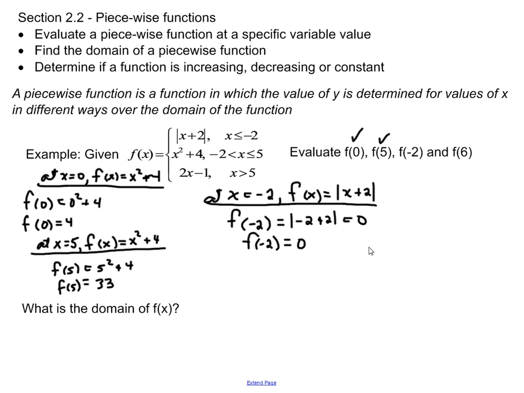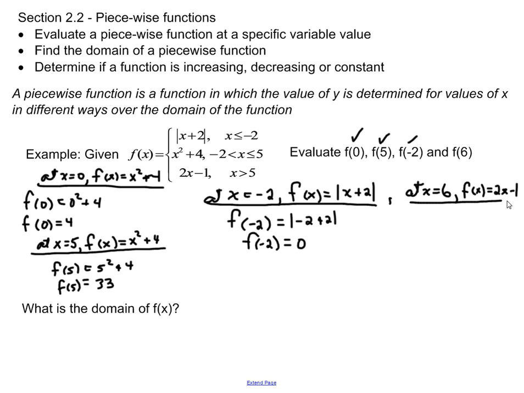Again, notice that the only thing that's happening right here is that we're just choosing where the value of x fits into the domain, this split domain, and figuring out what the y value is that goes with it. What about x equals 6? What happens there? Well, 6 is a number that's greater than 5, so the function at x equals 6 looks like 2x minus 1 as far as x is concerned, because it says y is equal to 2x minus 1 when x is greater than 5.